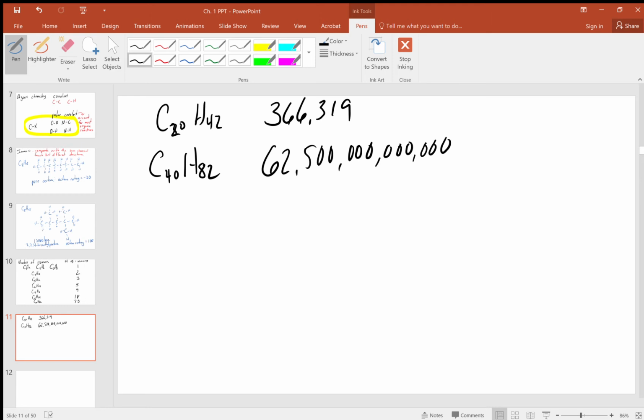At that point, there's more than 62 trillion possible isomers. And we'll end at C100. If you have 100 carbons, there's more than 10 to the 39th possible isomers.